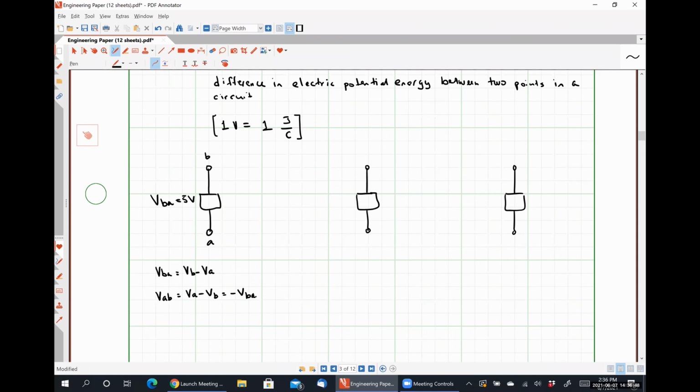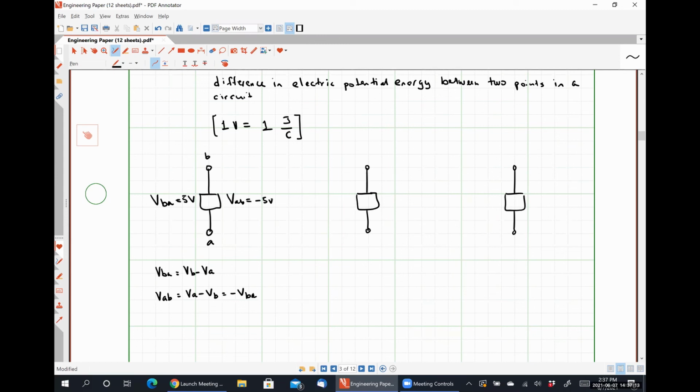So we can represent the exact same voltage, VAB, as negative 5 volts here, okay? So if we change the order of the subscript, that is the same as multiplying the magnitude of the voltage by a factor of -1, okay?